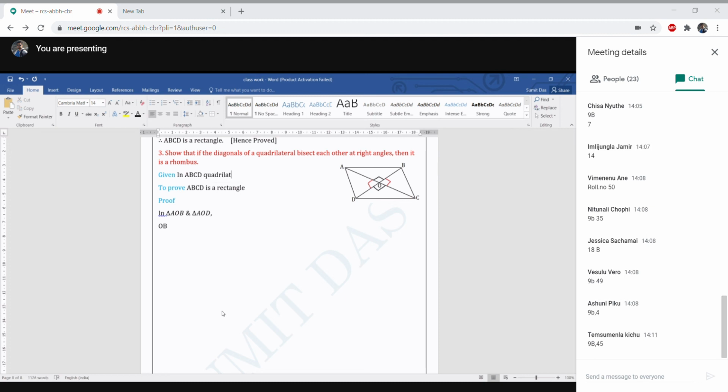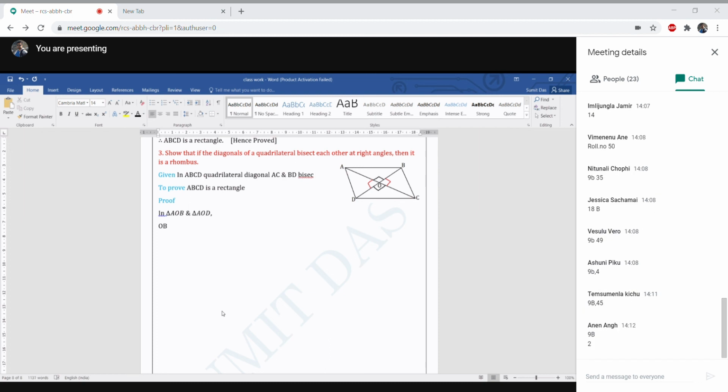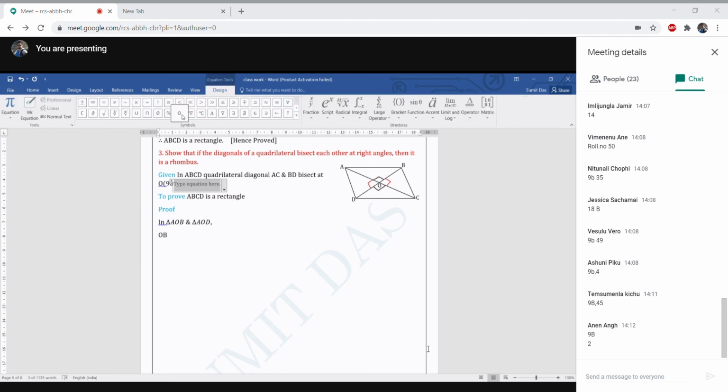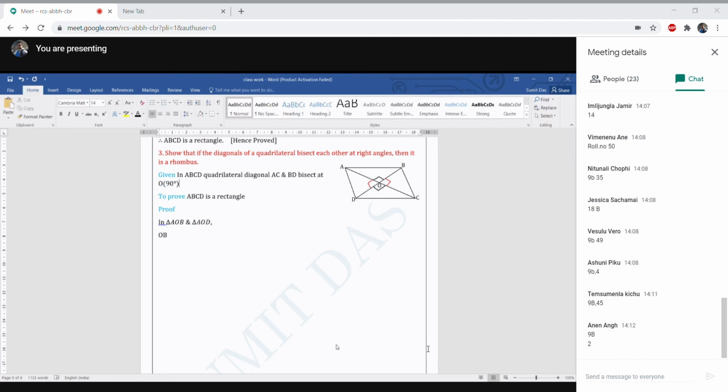In ABCD quadrilateral, diagonals AC and BD bisect at O and 90 degree. Okay, at 90 degree at O, right?